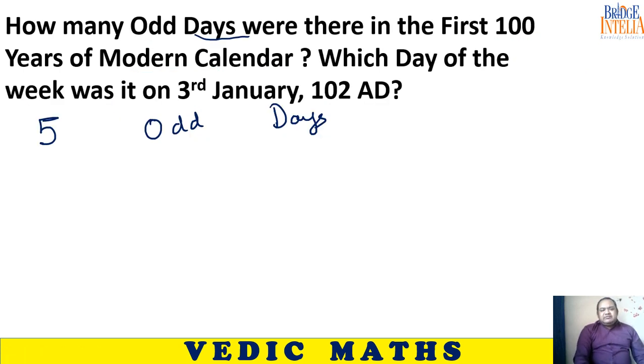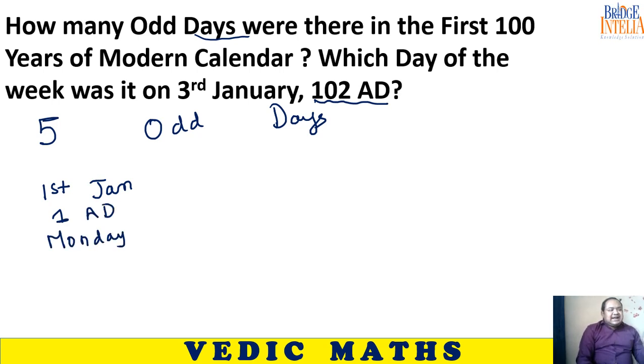Now, we just solve this: which day of the week was it on 3rd January 102 AD? What is the meaning of this question? We know that our calendar began on 1st January 1 AD and it was a Monday. So you have to start counting from here, and counting must stop on 3rd January 102 AD.